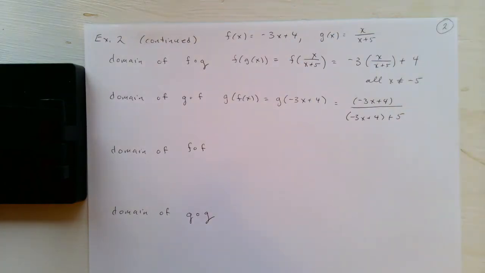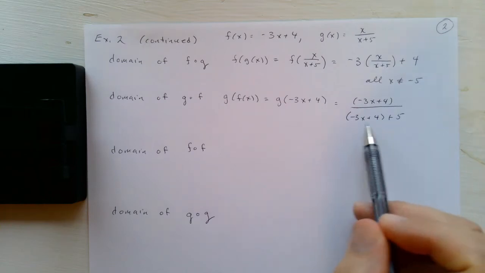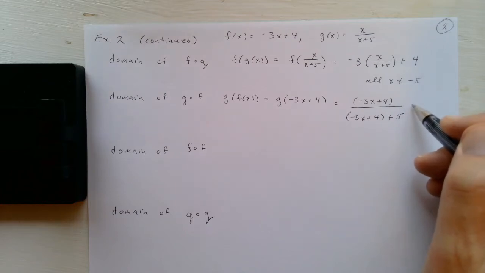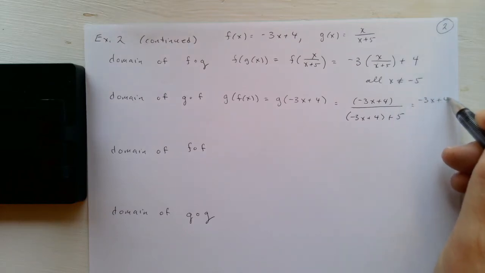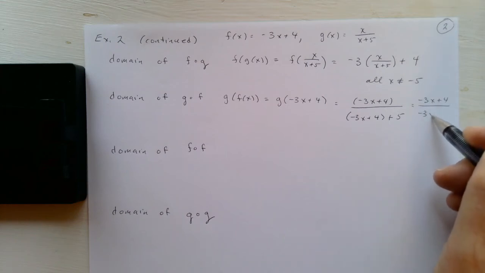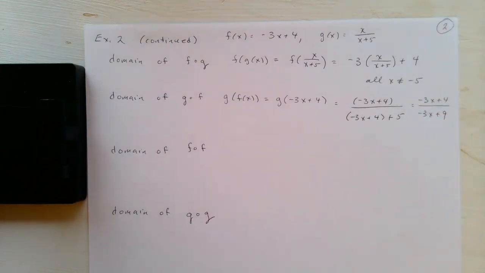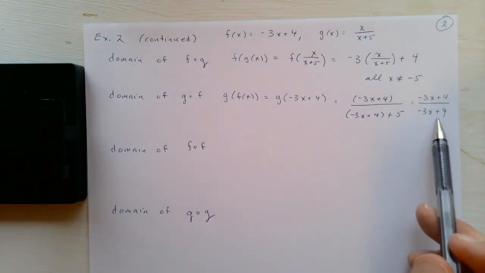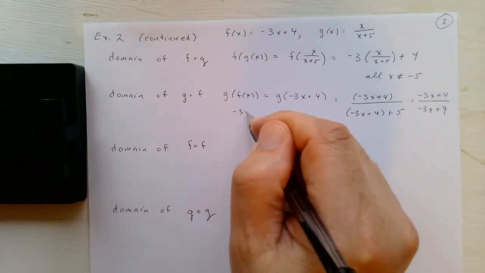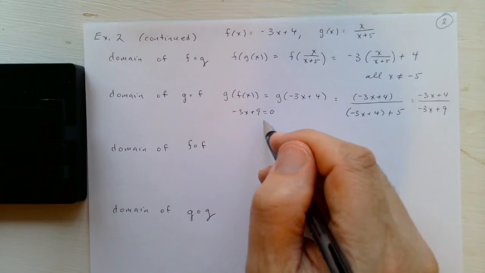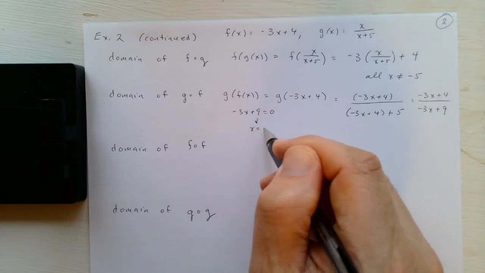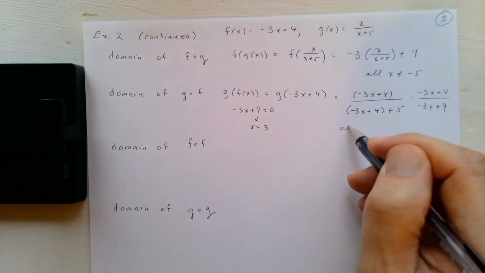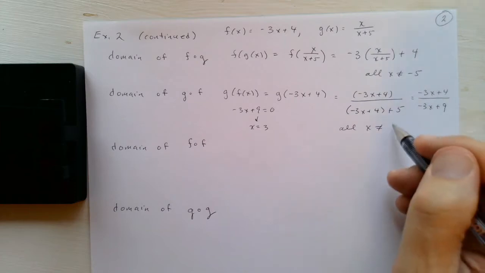Now we will simplify this because we have a denominator here, so this is going to be negative 3x plus 4 over negative 3x plus 9. This will be defined everywhere except where negative 3x plus 9 is 0. If we solve this for x, we get x equals 3. So the domain will be all x not equal to 3.